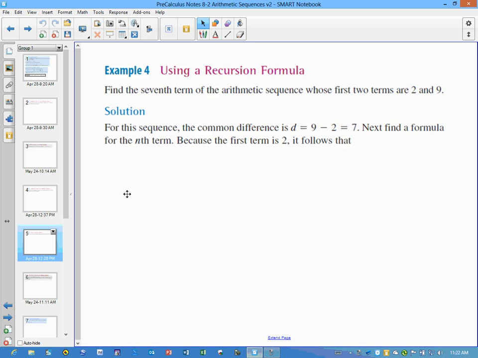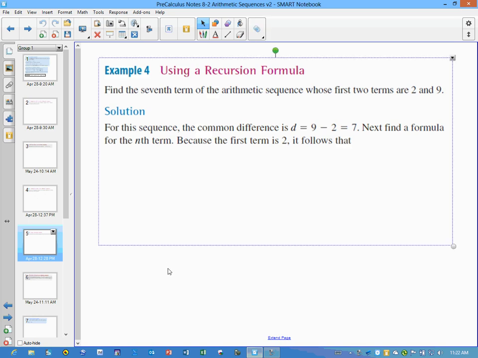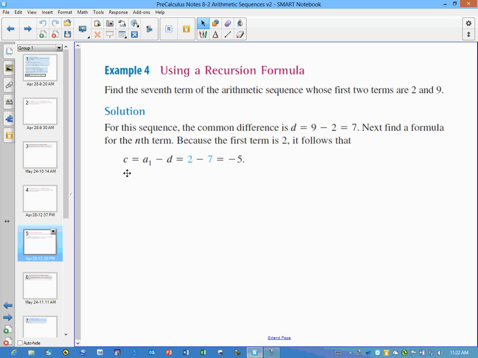So to find the nth term, we could simply note that the c value they were looking for in the book is a1 minus d. We know a1 is 2 and the difference is 7, so c is going to be -5.